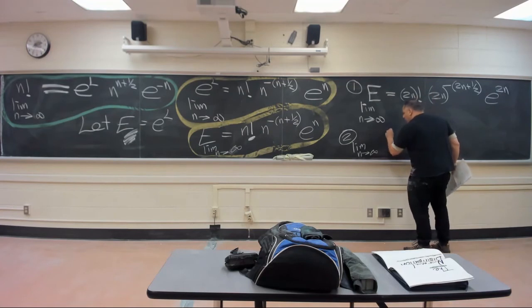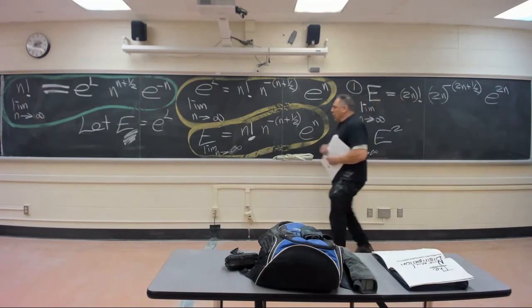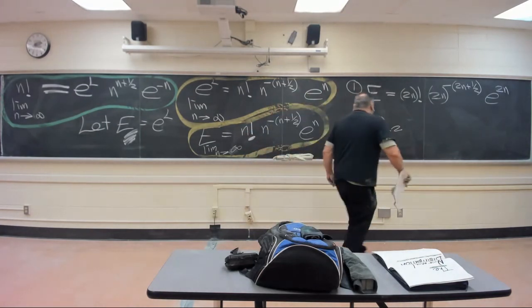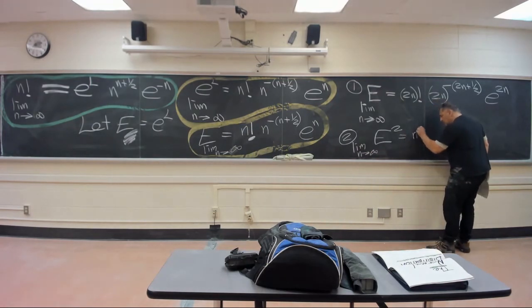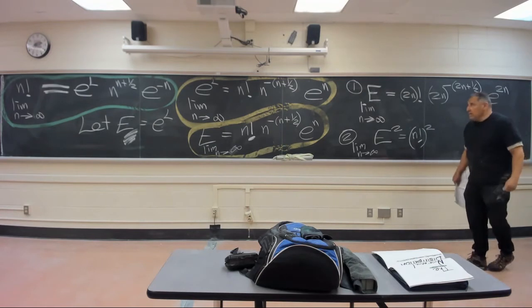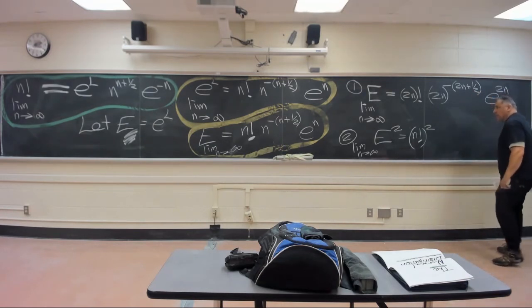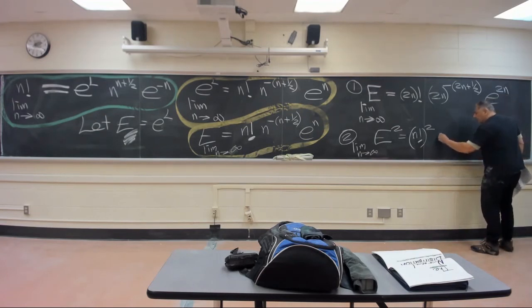Here we go. Square both sides. But don't go 2n on this one. Just call it n. Square this thing. Square the other one. That's pretty interesting.